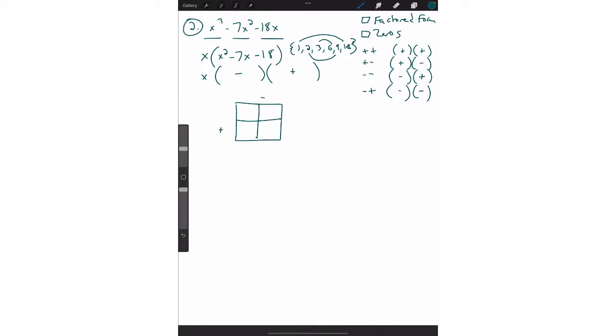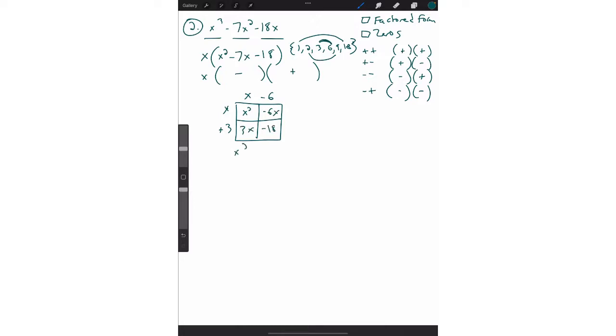You can sometimes use trial and error. I like to start with the middle two and move out. I'll start with the middle two. It's not going to work, but let me show you. The middle two are 3 and 6. So if I were to try 6 and 3, x squared, negative 6, 3x, negative 18.